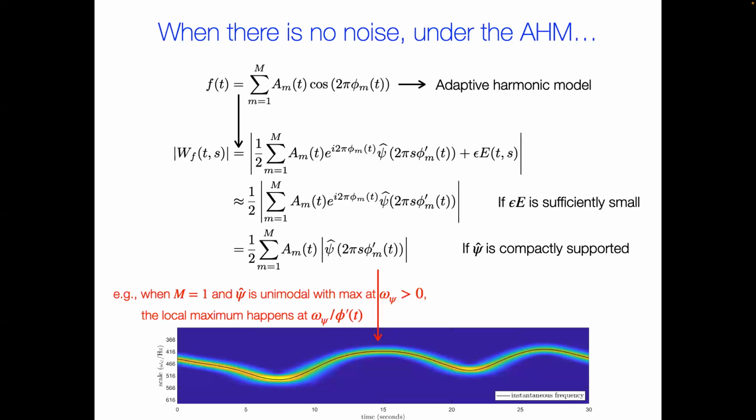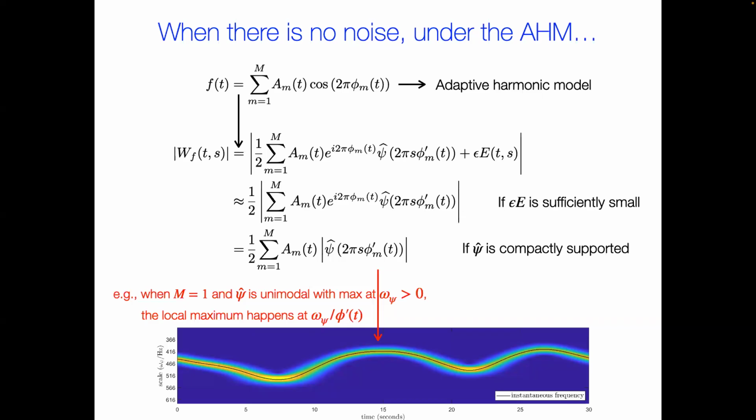And that is the picture you get when M is 1. In the end of the day, there will be a bump because the wavelet transform in the frequency domain has a bump shape, and it will have maximal value at the scale that is inverse to the frequency, weighted by amplitude modulation. That is how you get the picture.